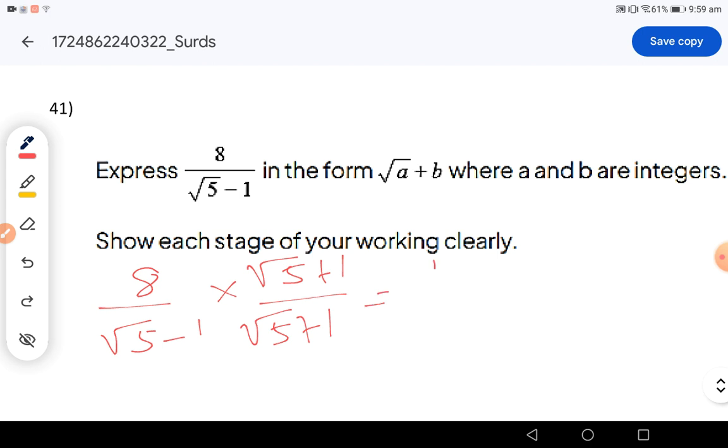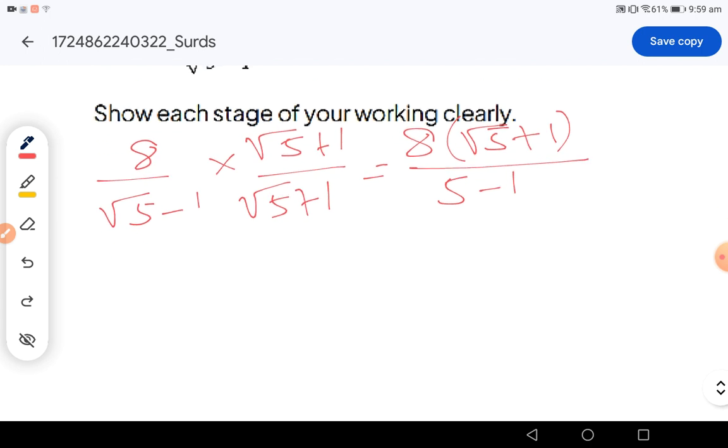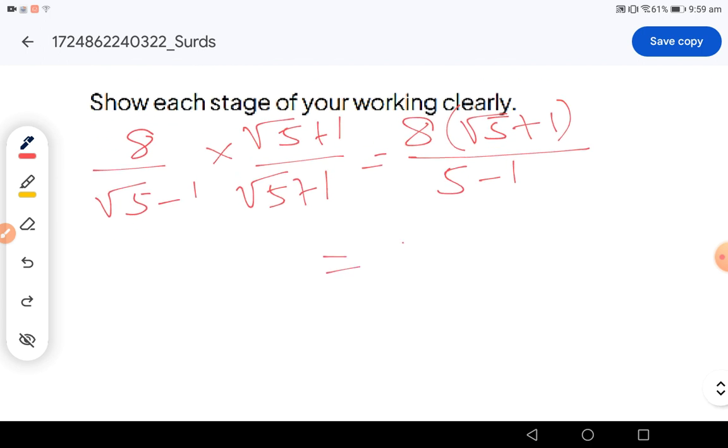So 8 into root 5 plus 1 by 5 minus 1, so 8 into root 5 plus 1 by 4. 4 times 2, 8.